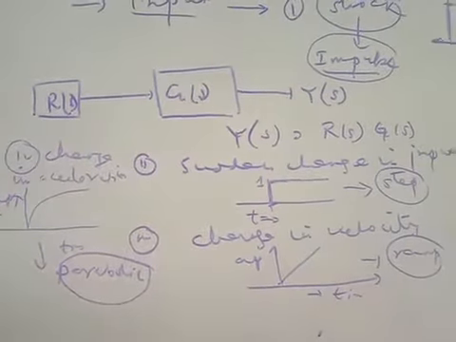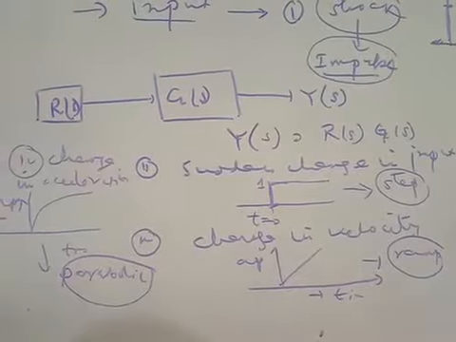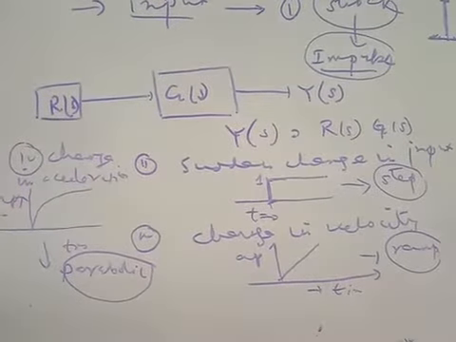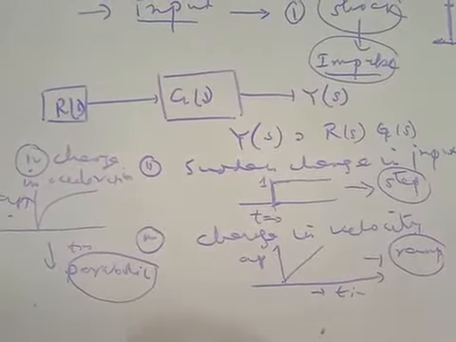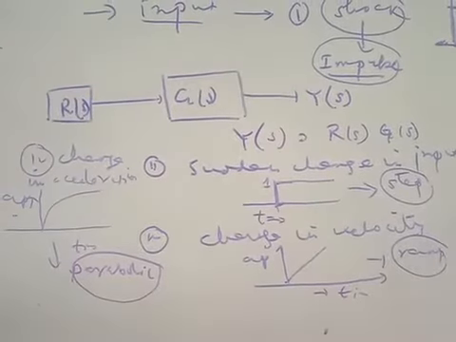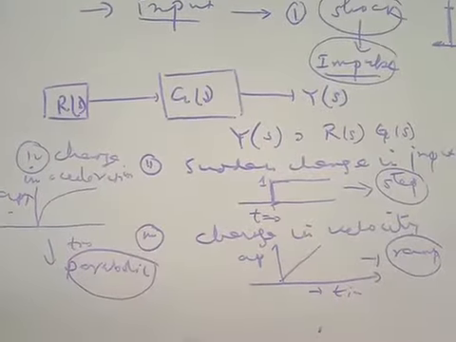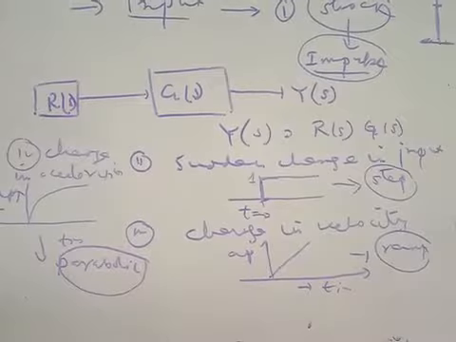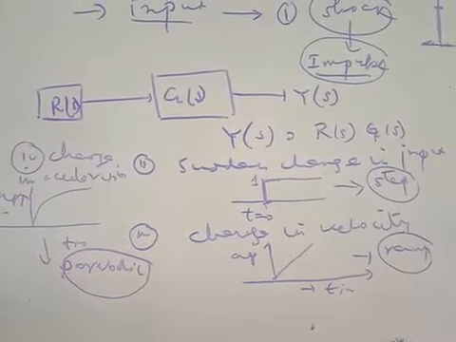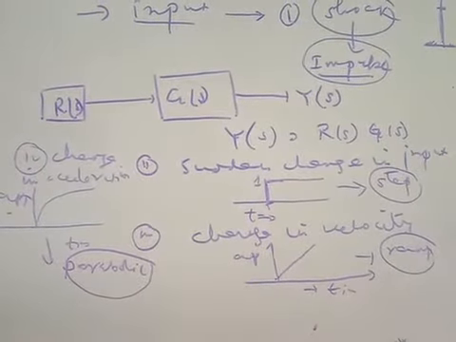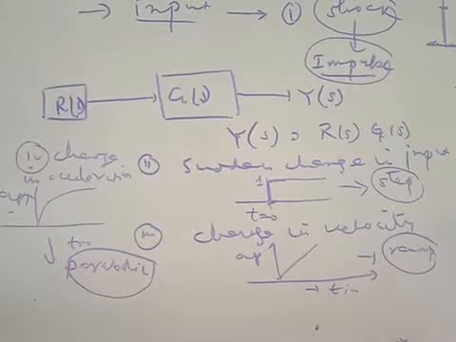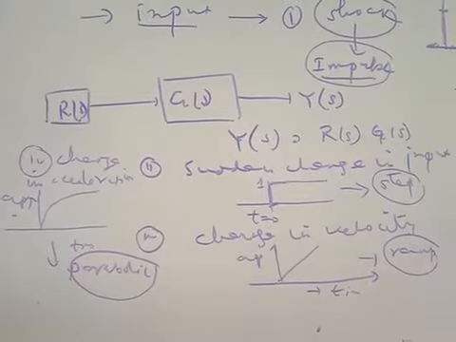Based on experiments and experience, it has been observed that if these four types of inputs can be analyzed to get the system performance, then it will be sufficient to deal with all kinds of variation of the inputs coming into the system.